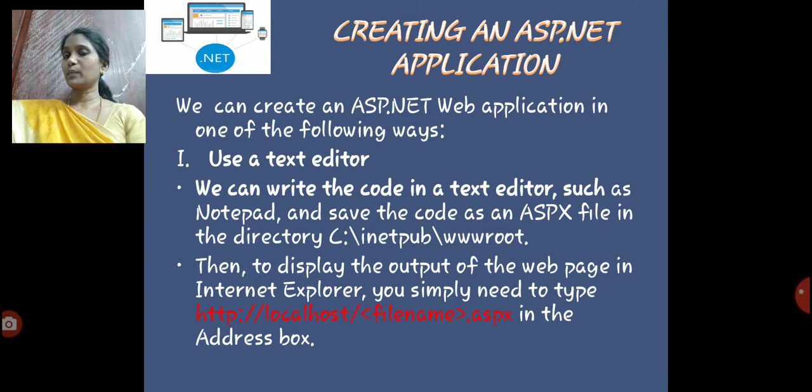One thing is very important: if we have localhost, we can automatically give http://localhost with the file name .aspx. If we save the file in the root directory, localhost will load the particular file in the browser, and we'll eventually get the output of the file.